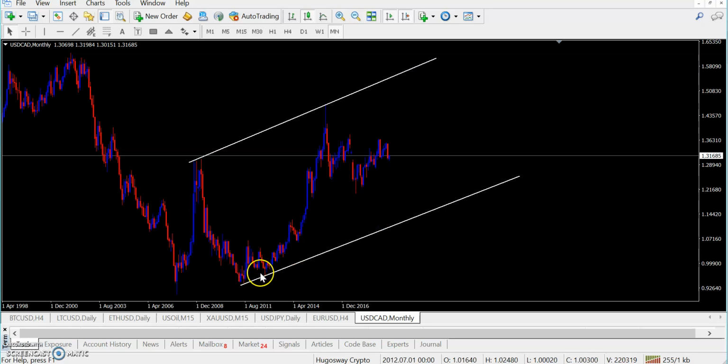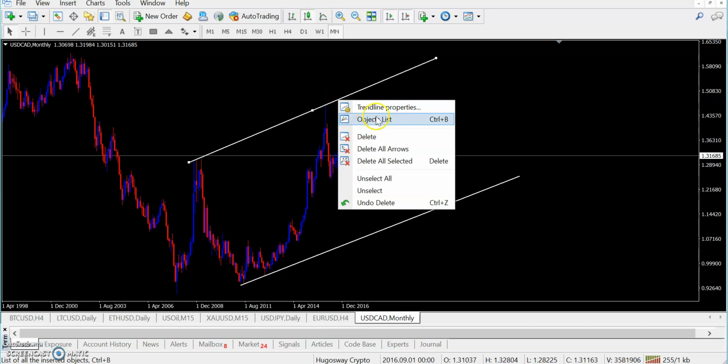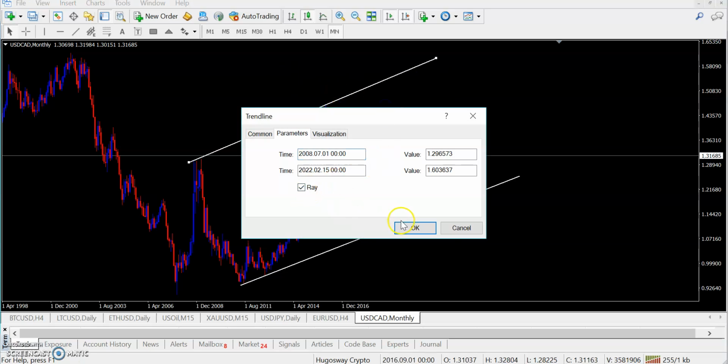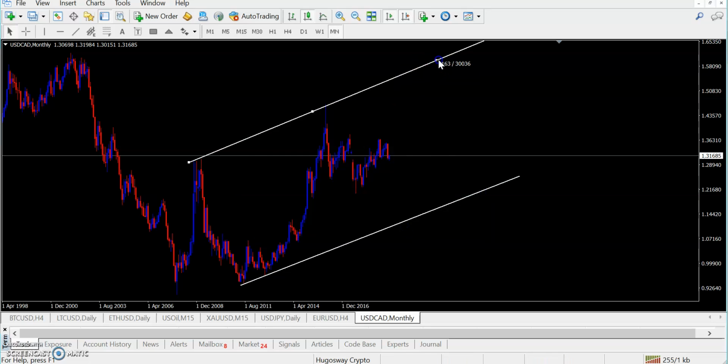So we have multiple touches on this end, multiple touches on this end, and this happened to stay consistent to where these lines have touched. So it came up 1, 2, 3, lined up, and this lined up perfectly. If you wanted to make it easier, you could try to use the ray as well.